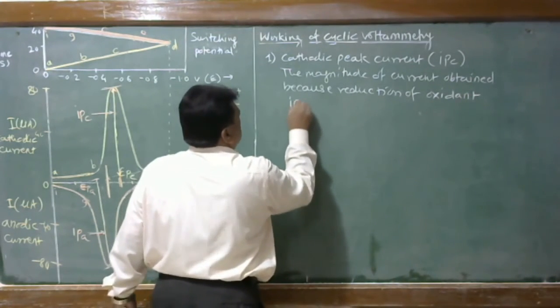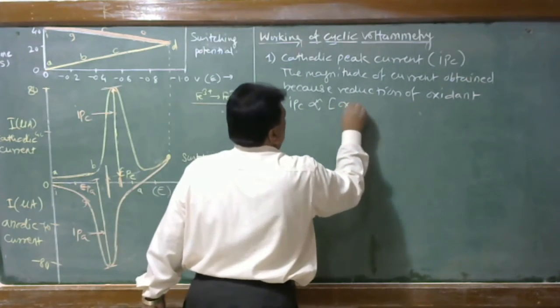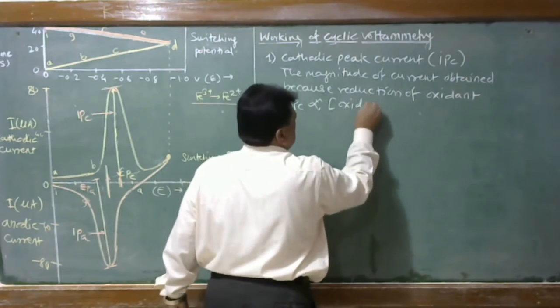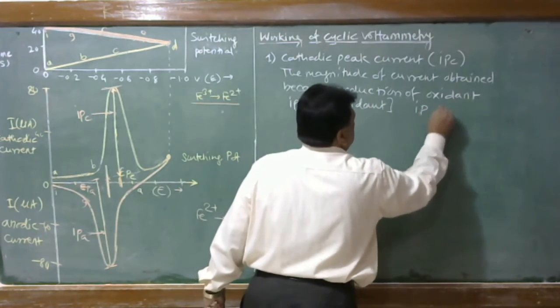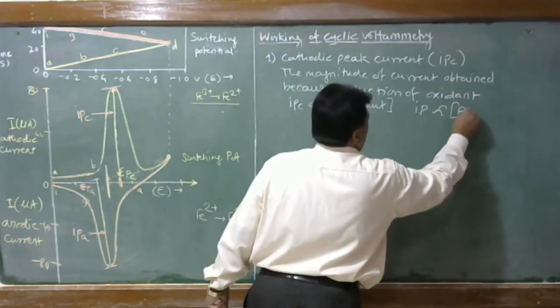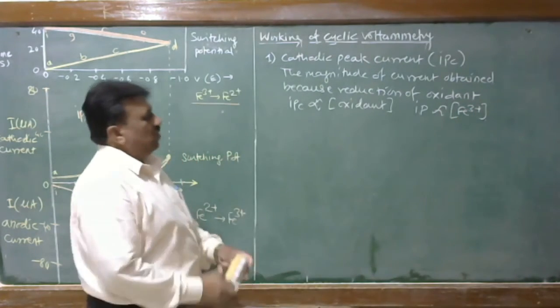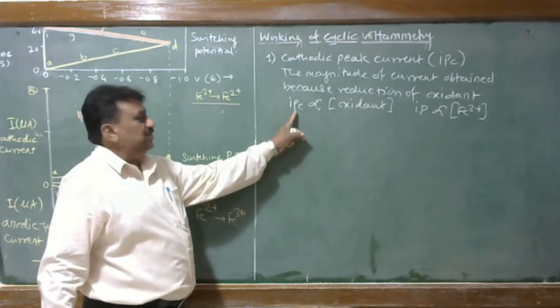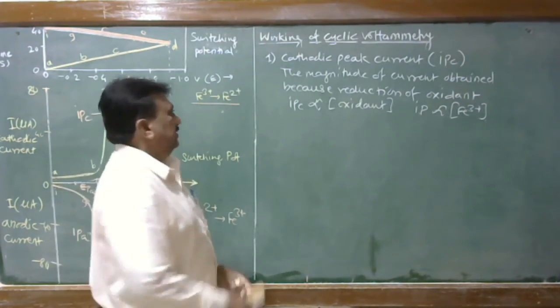Therefore, IPC is directly proportional to concentration of oxidant, and here in this case IPC is directly proportional to concentration of Fe3 plus. That means we can determine the concentration of Fe3 plus in the solution by measuring the cathodic peak current.